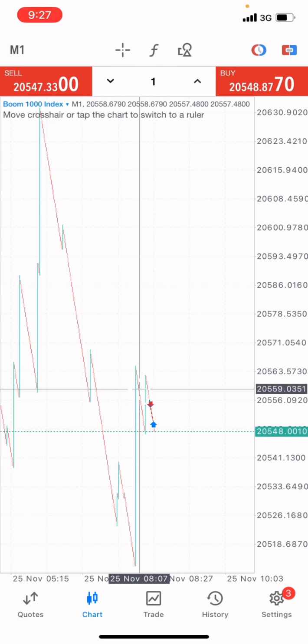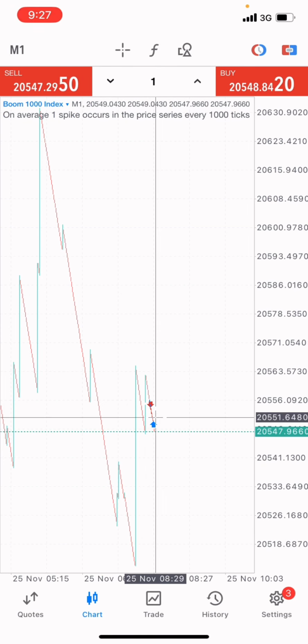From here to here, the market then spiked again, so it's a good entry for me to place a sell. Even at this point, the spike might come into the market, but the chances are not as high as when the market is at the oversold on the 1 hour time frame.